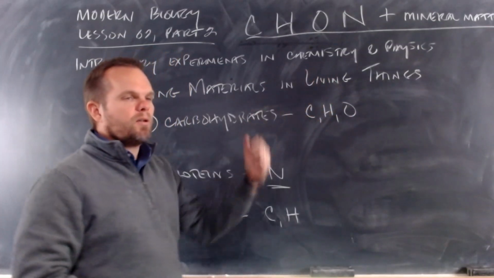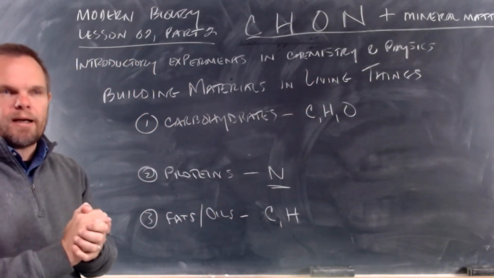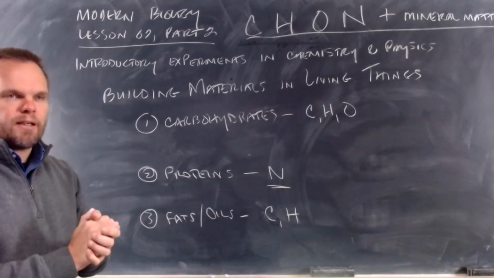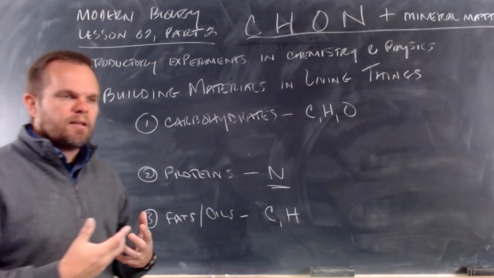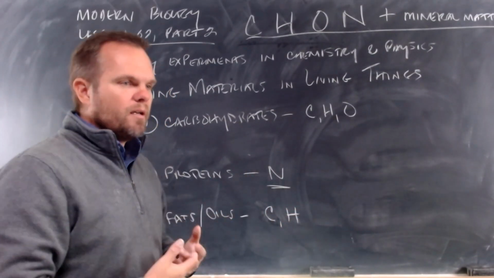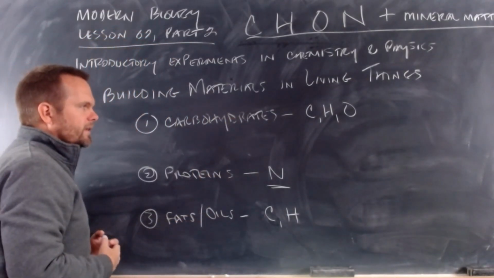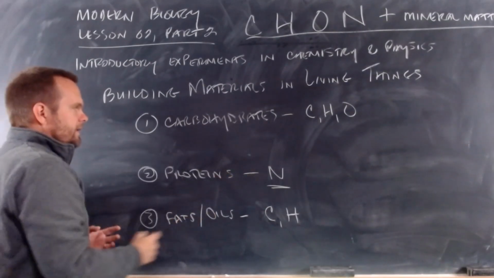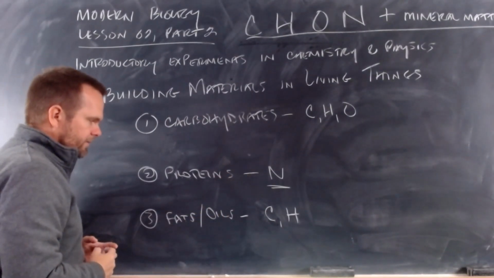And if we take those elements and combine them to form chemical compounds, the compounds that our bodies are made up of, the substances or materials that our bodies and the bodies of other animals and plants are built of, the building materials can be divided into three different kinds: carbohydrates, proteins, and fats and oils.